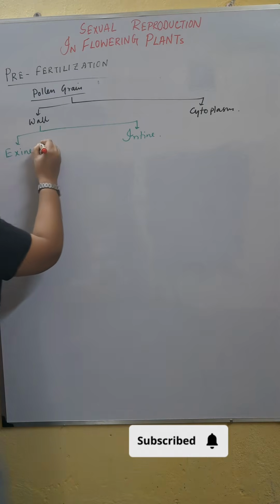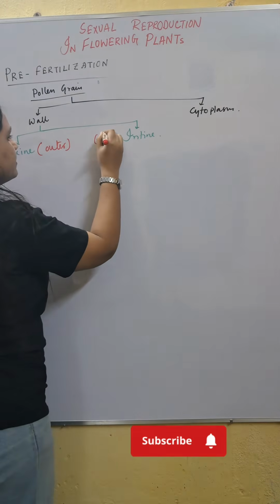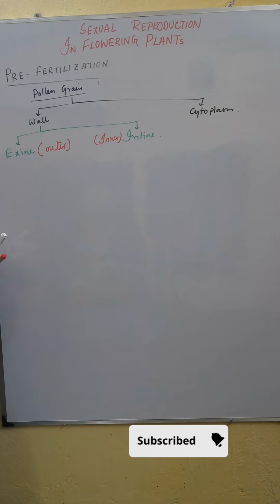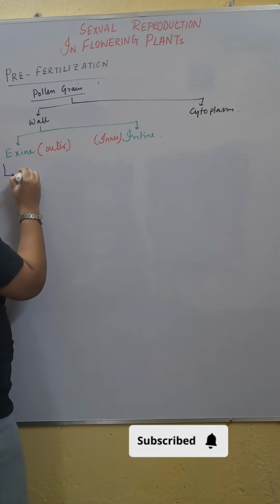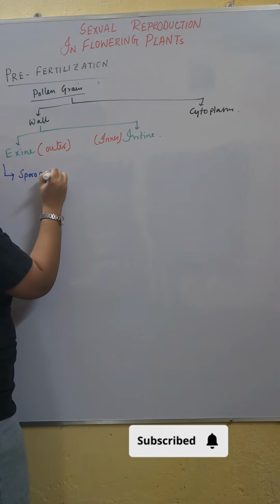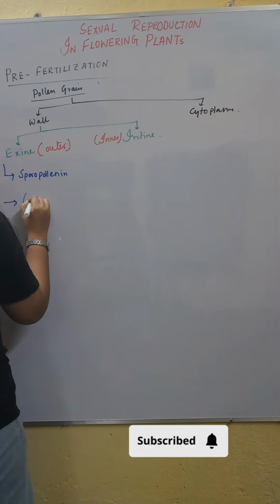Exine is outer and intine is inner. Now exine again has two parts. One is sporopollenin and another one is germ pore.